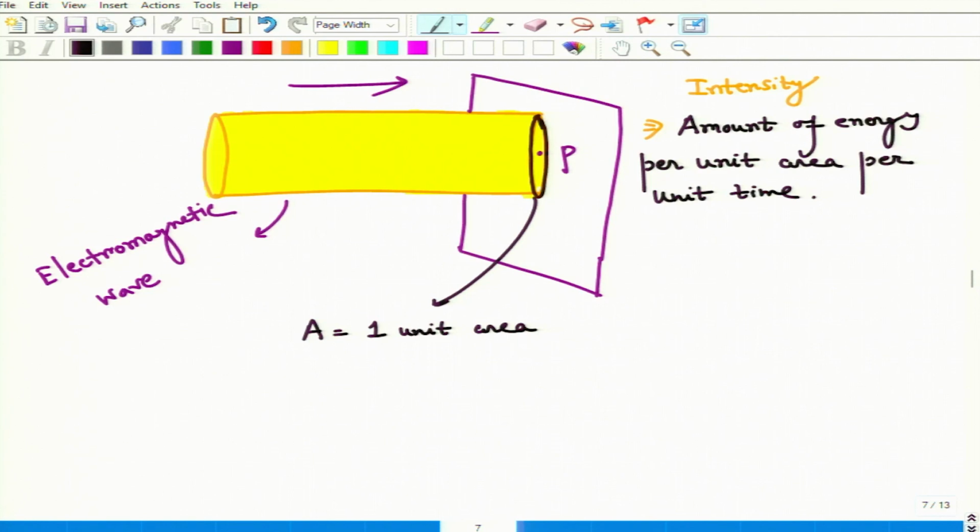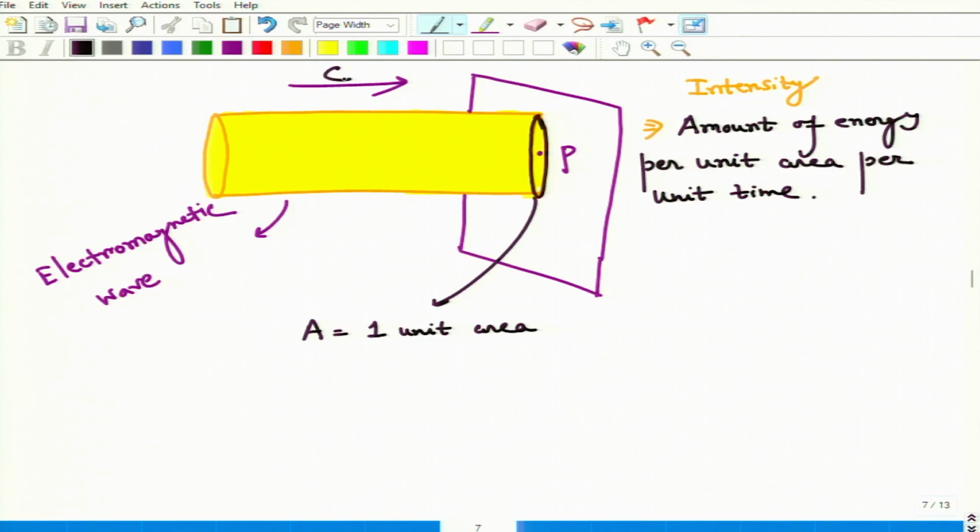The electromagnetic wave is propagating, right? If we consider a plane, the total amount of energy per unit time, per unit area imposed by the electromagnetic wave on that plane is called the intensity of that electromagnetic wave. Here is the point P. At unit time, the velocity of the electromagnetic wave is equal to the speed of light, which is c.